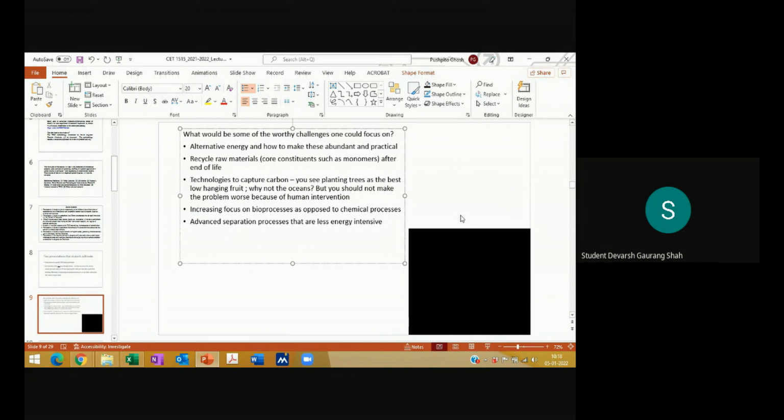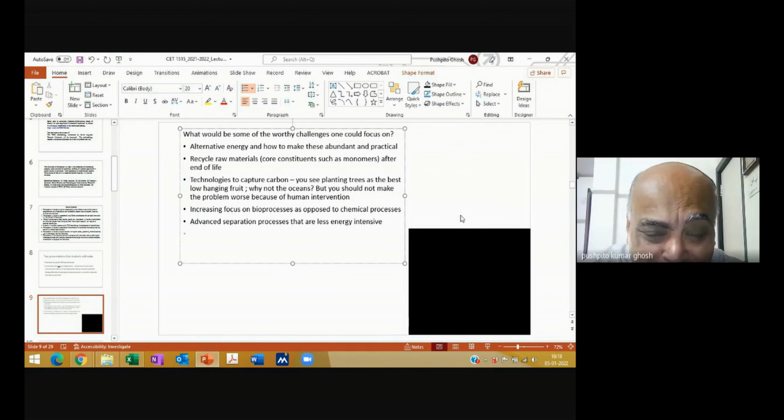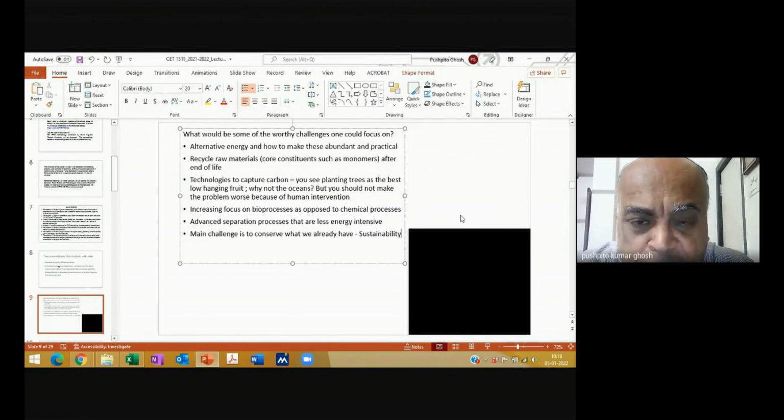Sir, also I would say the main challenge is to conserve what we already have. Oh, wow. Main challenge is to conserve what we already have. And that is what people refer to as sustainability. Okay?